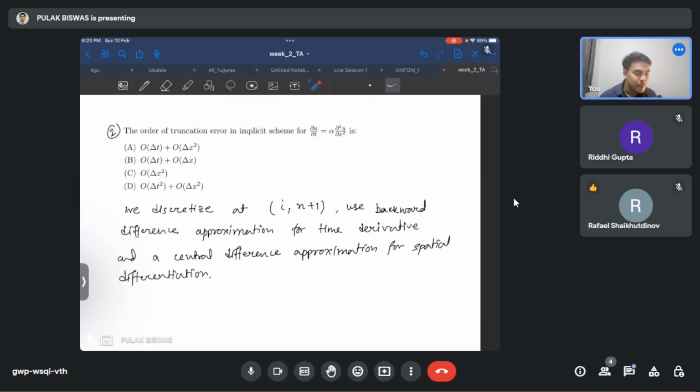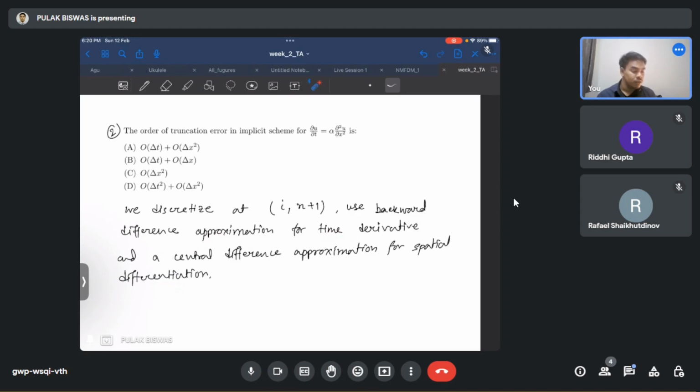Now suppose this is the diffusion equation or the heat equation. Here it is mentioned: for the implicit scheme, what will be the truncation error, because now we have derivatives with respect to both time and space. So the order will be different for time and space. As you have already said, backward difference approximation is used for the time derivative and central for the spatial derivative.